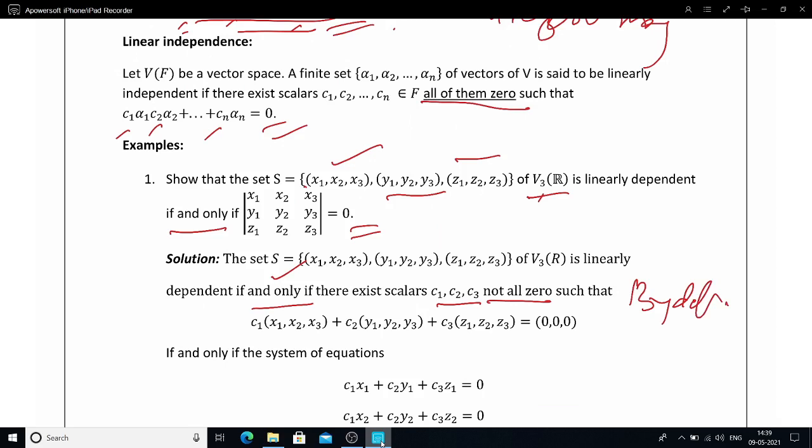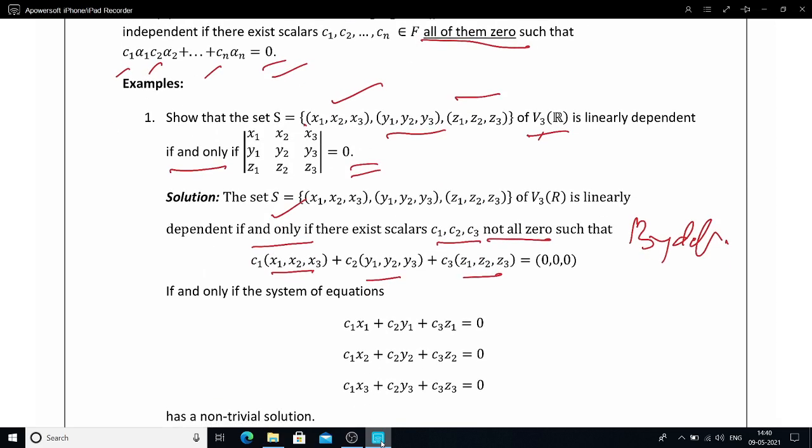In place of alpha 1, we have the ordered triple of x. In place of alpha 2, the ordered triple of y. In place of alpha 3, we have the ordered triple of z. Equating, we get these 3 equations.